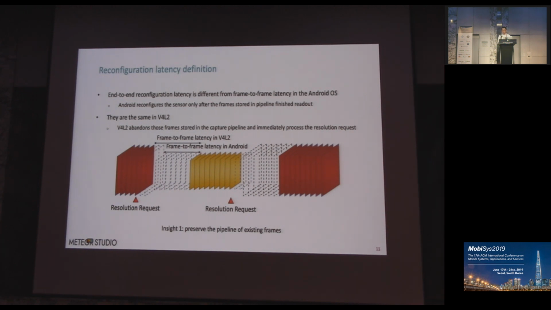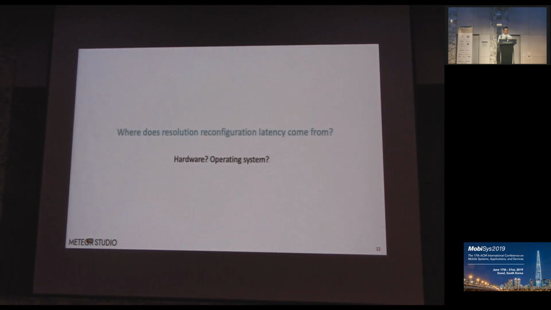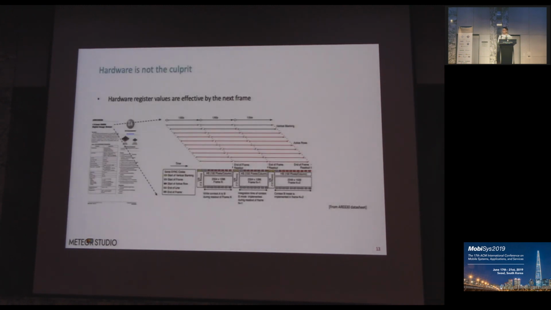To get the design of our framework, we declare the first insight here: our framework should be able to preserve the pipeline of existing frames while reconfiguring the sensor to another resolution. Now we understand the definition of reconfiguration latency. We wondered, where does it come from? Does it come from the hardware or from the operating system? We say hardware is not the culprit. Actually, hardware register values take effect by the next frame.